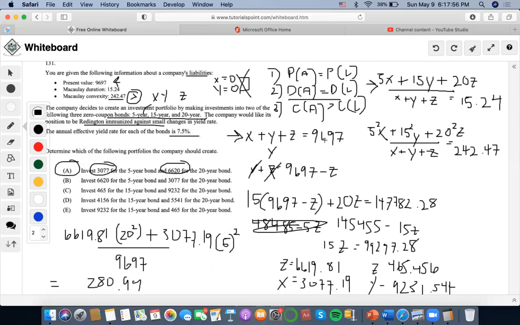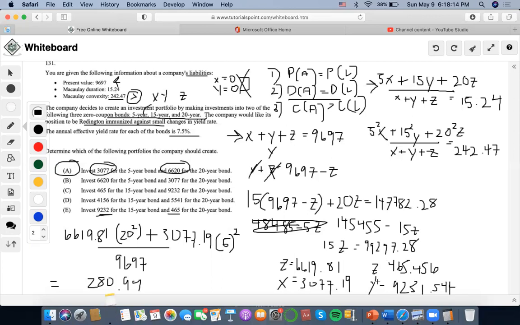Now, if I were to look at the answer choices here, 465 would be one here. 9231 would also be here, so E could have been a possibility.